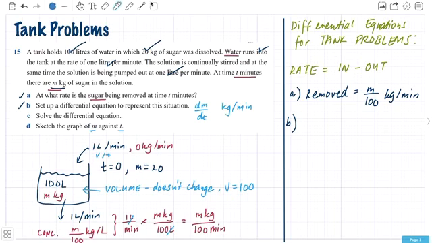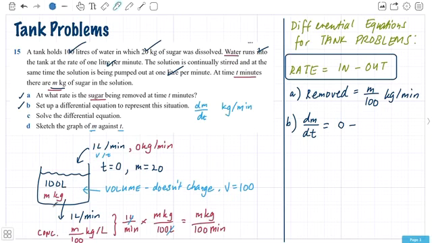B asks us to set up the equation. This is where we're going to use this, and I'll put this in a box because it's really important. Let's use this expression. So the rate we're interested in is the rate of change of the amount of sugar per time, per minute, dm dt. The in amount. I've written this in red, so you can see we've got no sugar coming into the system. So there actually is zero sugar coming in, 0 kilos per minute.